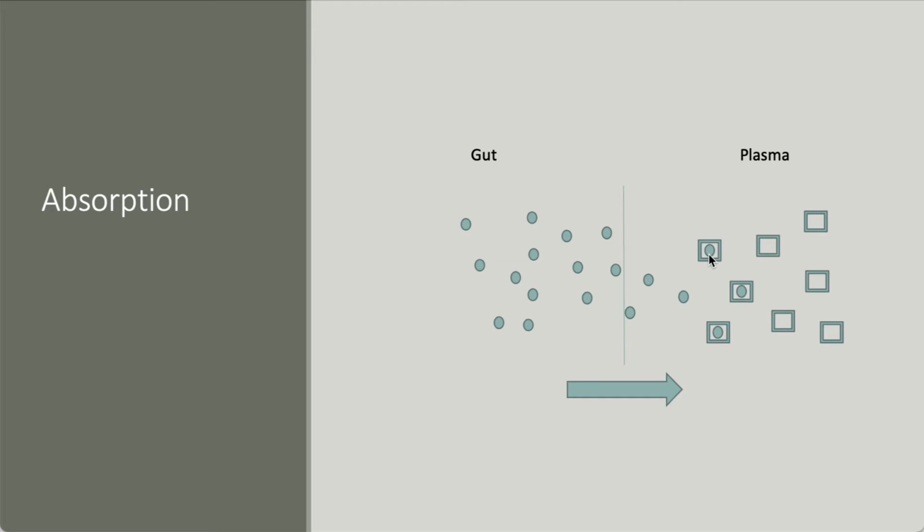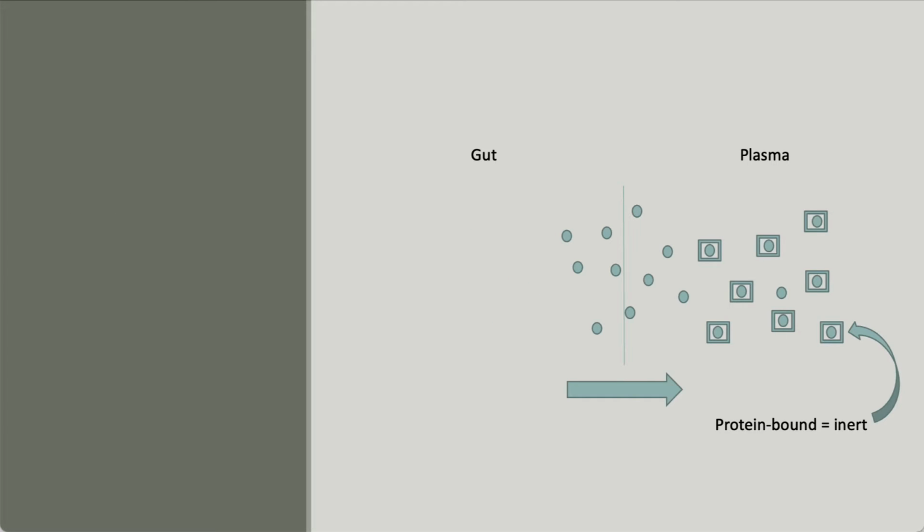It's just wasted drug. We continue giving the drug and we continue filling up those plasma proteins with this drug that is inert because it's bound to the plasma protein, but there's still some that's floating around, right? And this is the biologically active drug that's floating around here.